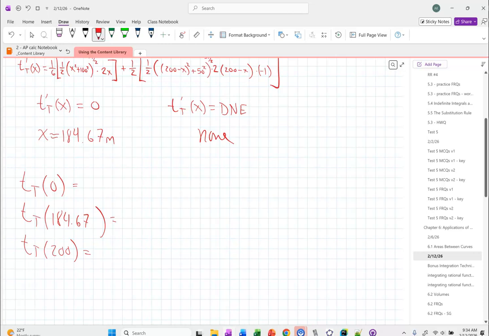So I'm going back to that original total function, total time function. So what is the minimum amount of time we need?